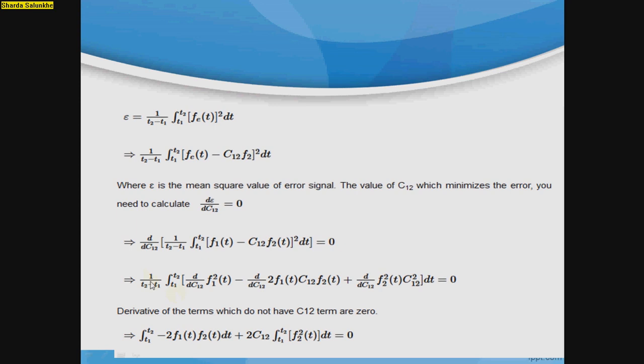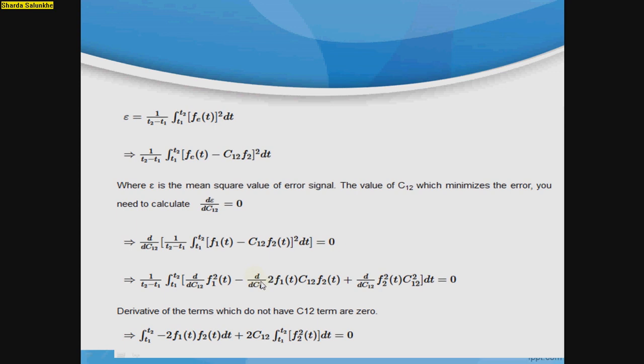So that is equal to 1 divided by (t2 minus t1) integration over the period t1 to t2, take this derivative into the bracket. So d divided by dc12 of f1 square of t minus 2 f1(t) c12 f2(t) plus c12 square f2 square of t. This expands the bracket square, a square minus 2ab plus b square.